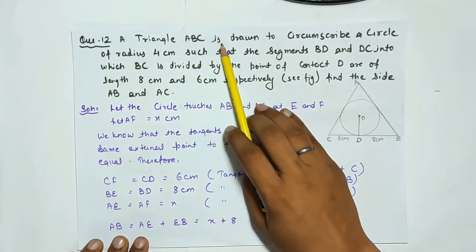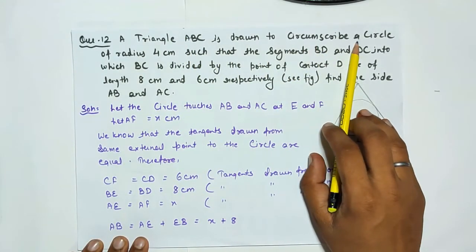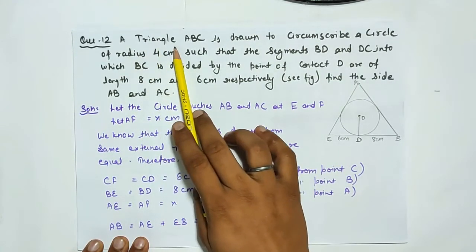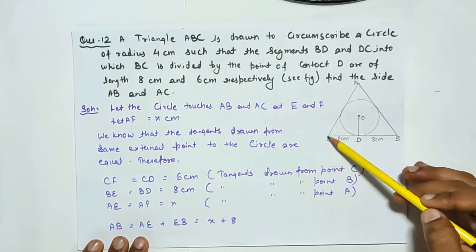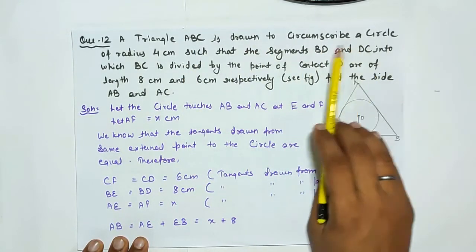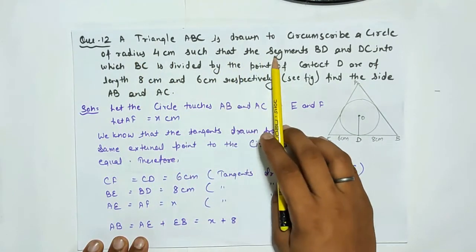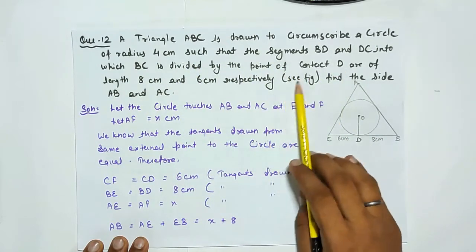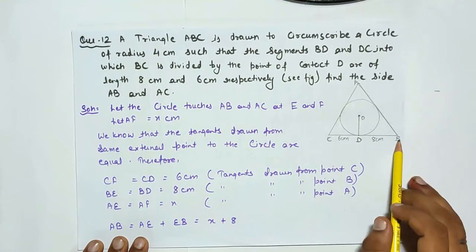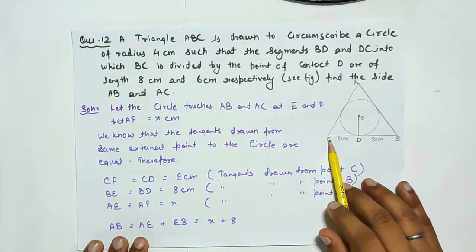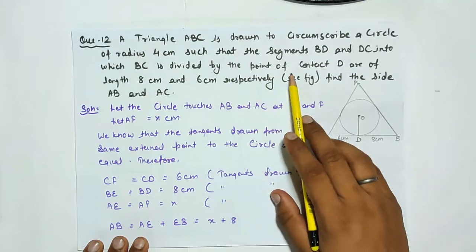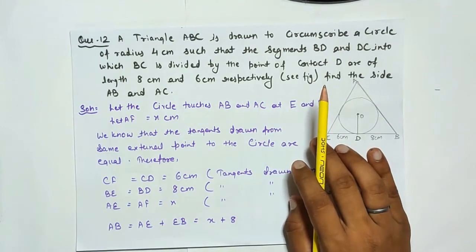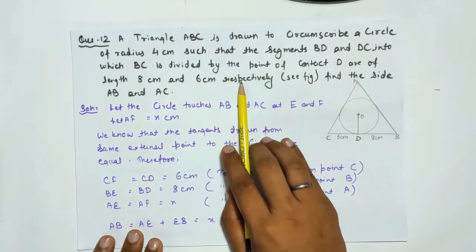A triangle ABC is drawn to circumscribe a circle of radius 4 cm, such that the segments BD and DC, into which BC is divided by the point of contact D, are of length 8 cm and 6 cm respectively.